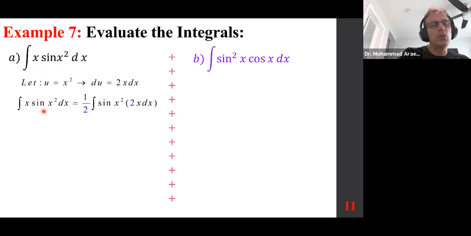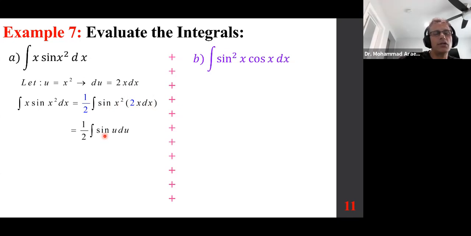So we put the x next to dx, we throw in number 2, that means we are multiplying by it. To undo that, we multiply by its reciprocal 1/2, or we divide by it, 2. Therefore, you're looking at 1/2 sine u du.